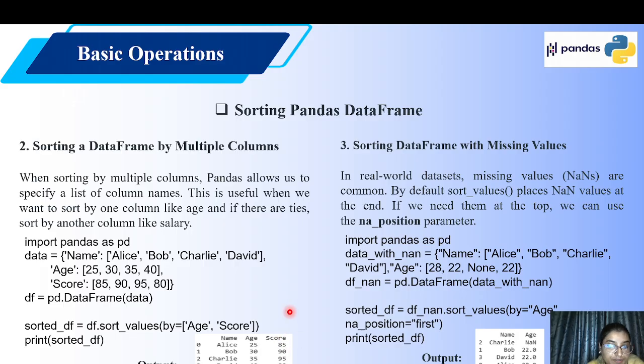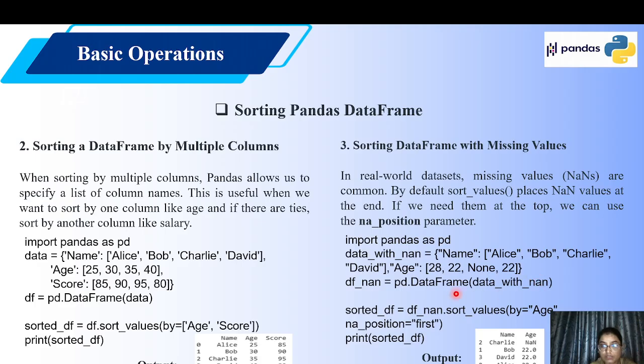It will sort the data like this, and then we have created this data set. You can see there are some missing values also. By default, sort_values places null values at the end, and if we need them at the top we can use the na_position parameter.